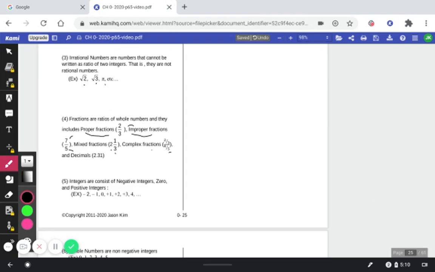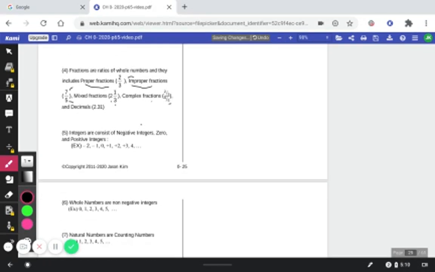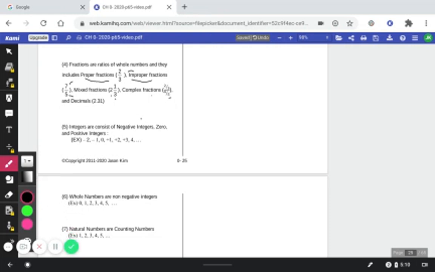Now, the integers consist of negative integers, 0, and positive integers. And 0 does not carry any sign. Now, whole numbers, so I keep telling you the terminologies. Whole numbers are non-negative numbers, like 0, 1, 2, 3, 4, 5.